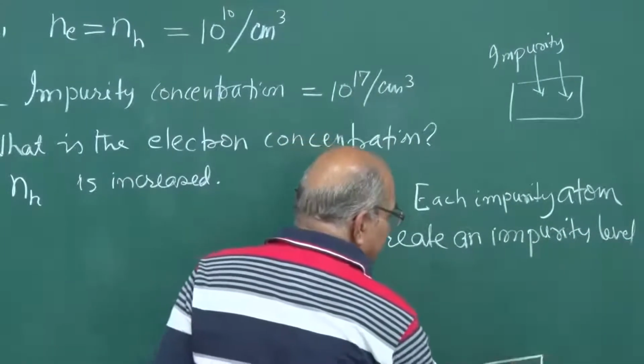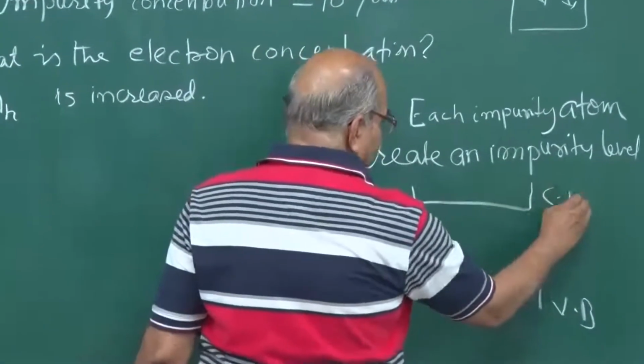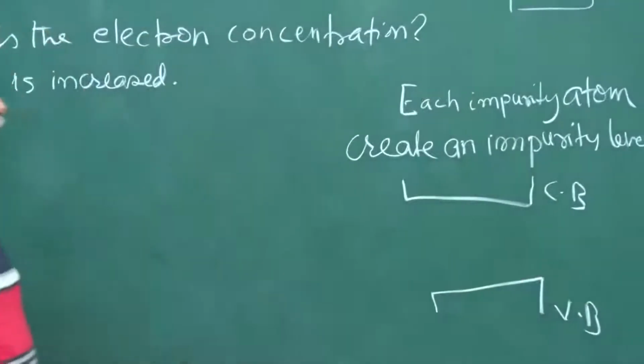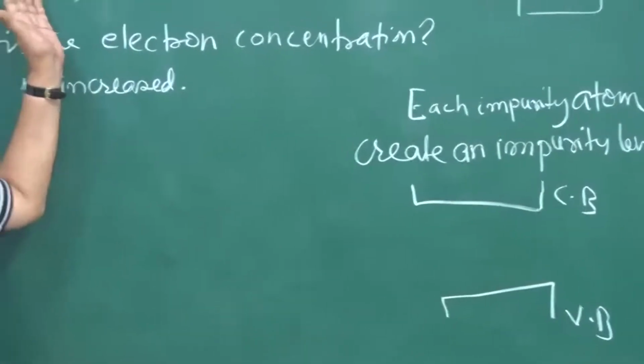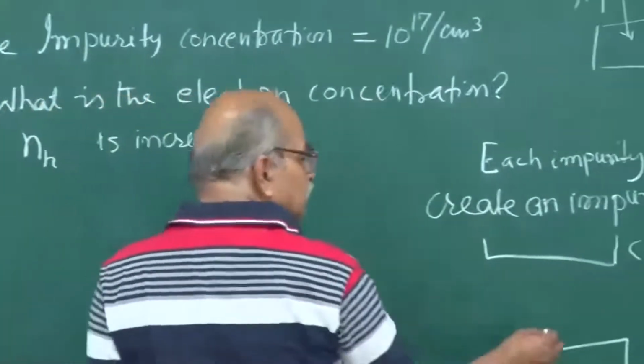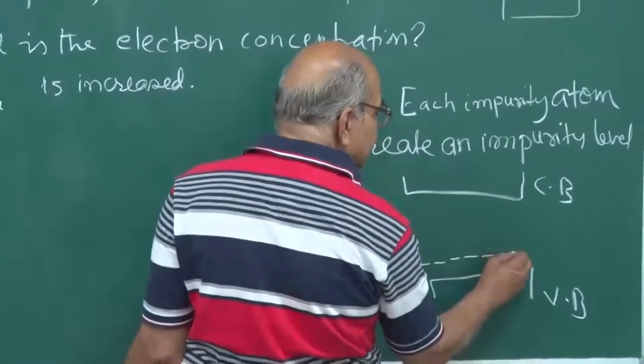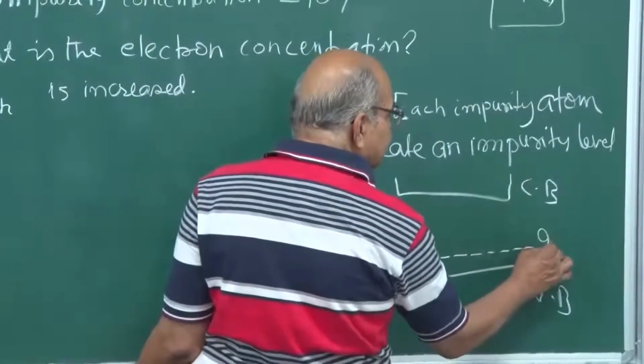If you have a valence band and a conduction band, and you dope this p-type impurity to make it p-type, then new energy levels are created near this valence band. These are the impurity levels.